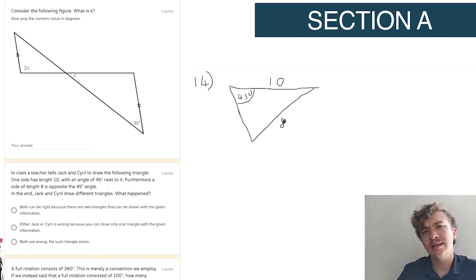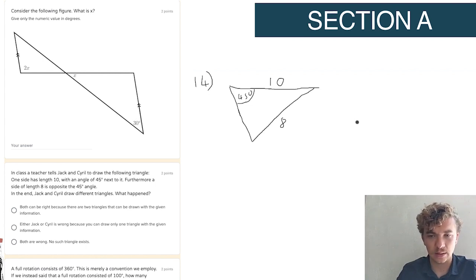And then they say, in the end, Jack and Cyril draw two different triangles. What happened? So the information we have, I drew over here. We have a triangle with a 45-degree angle, and adjacent to it a side of length 10, and then opposite to the 45-degree angle, we have a side of length 8.